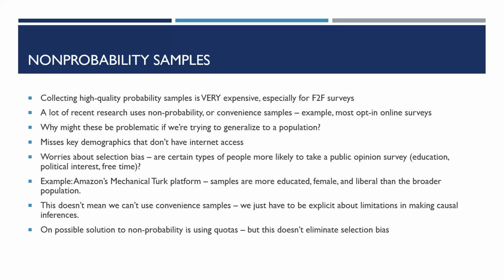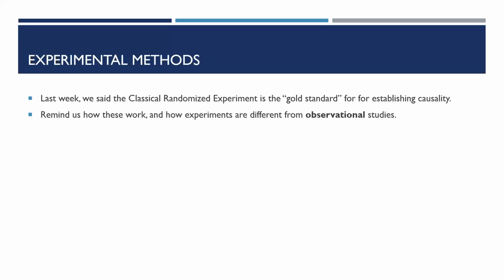We'll say we want a certain percentage of our sample to be women. After we reach that quota, we're not going to let people continue in the survey. We're just going to open it up to the other 50% men that we want to make up the sample. So that solves a little bit of the problem with representativeness, but again, you can never eliminate this selection bias problem with these non-probability convenient samples.